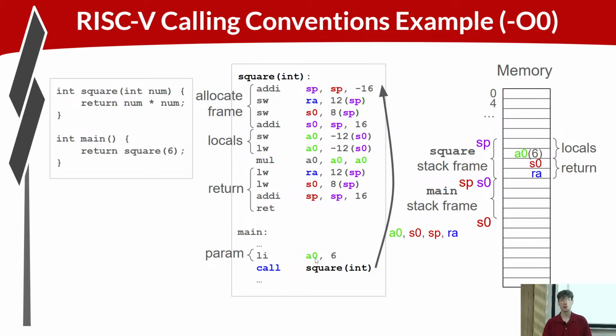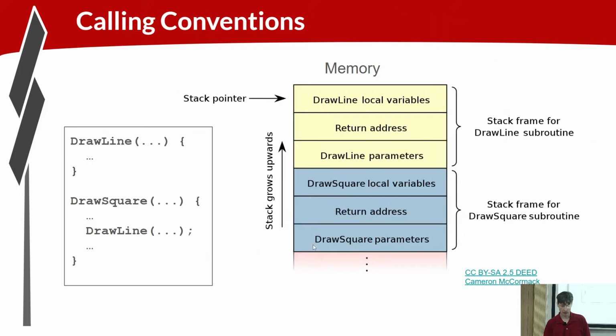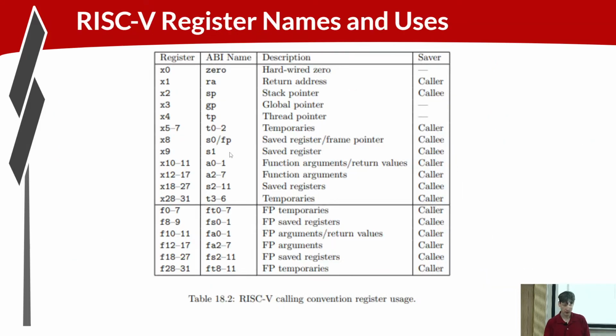If you use low level of optimizations, all of this parameter passing is all through the stack in memory, okay? Yeah, A0 is a register, right? Looking up here, A0 is register X10. So the registers named A are function arguments.